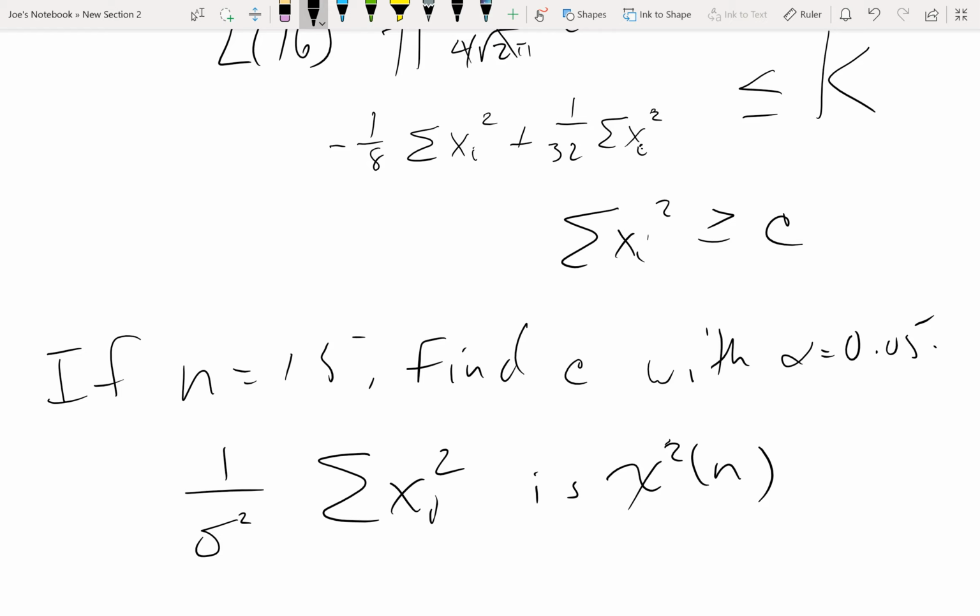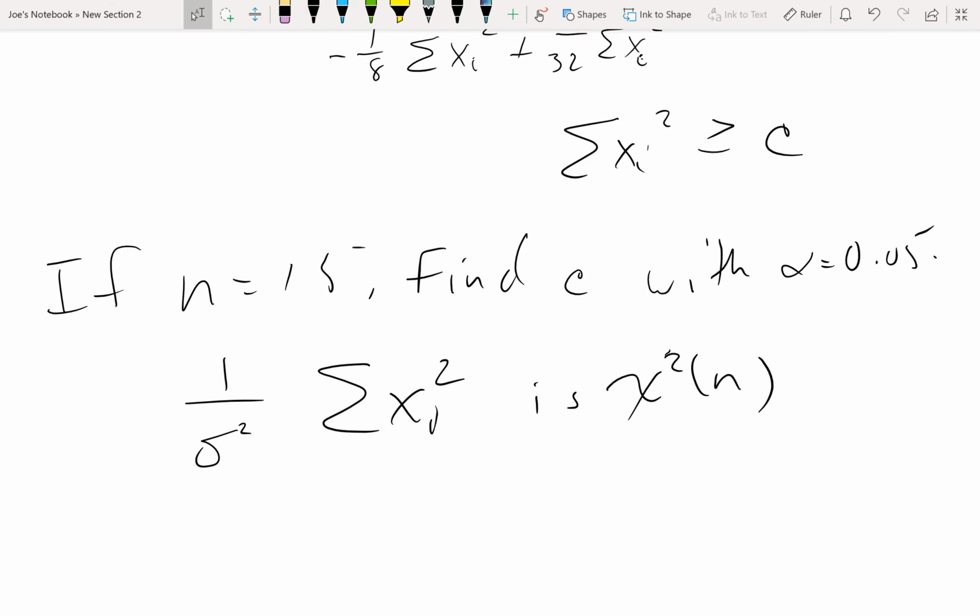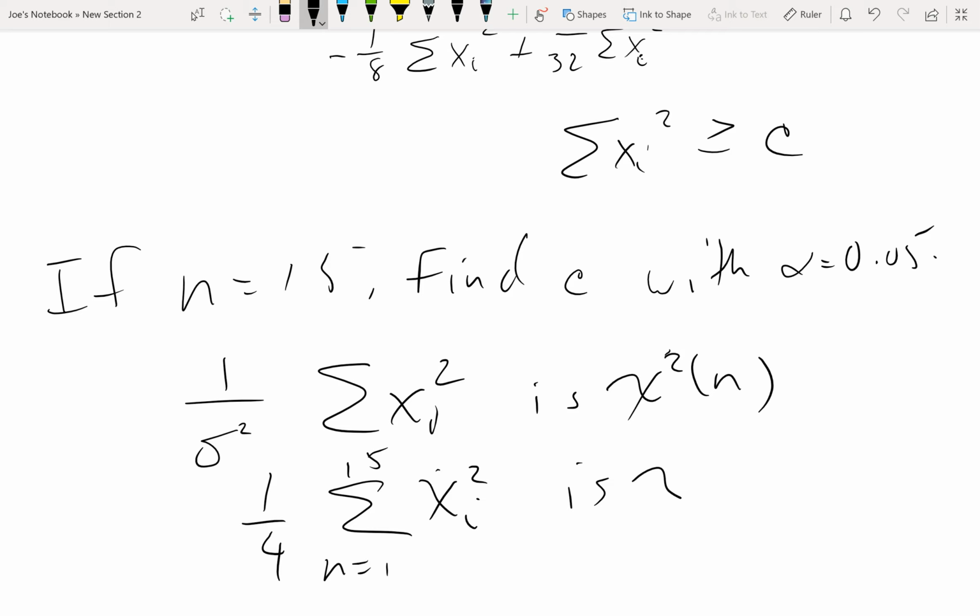And I don't have to worry about the minus mu here, of course, because the mu is 0. All right, so in our case, it'll be 1/4 the sum from i equals 1 to 15 of x sub i squared is chi-squared of 15.